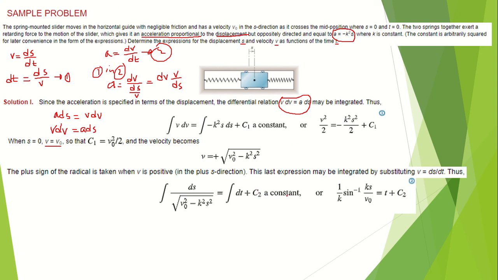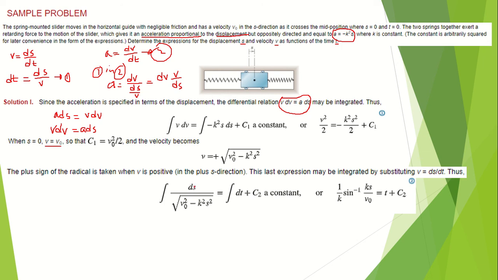So c2 is a constant, and from the formula, this is the d over u form, the inverse trigonometric function.